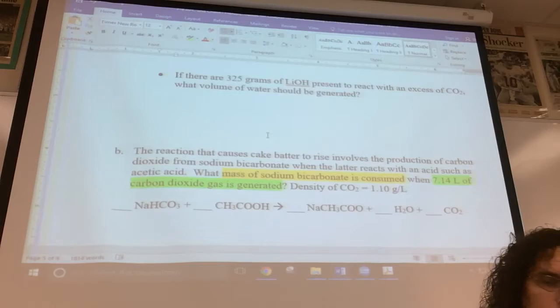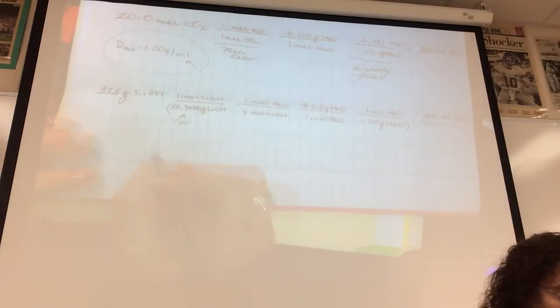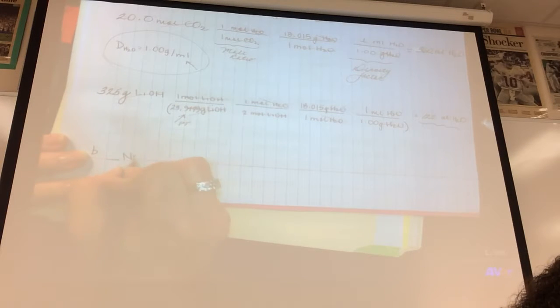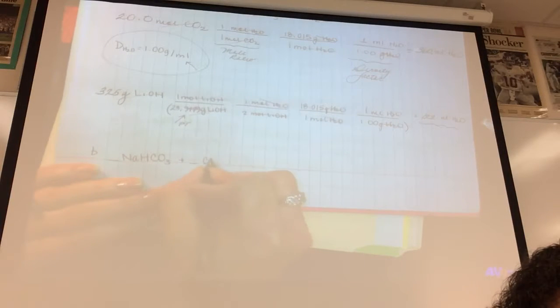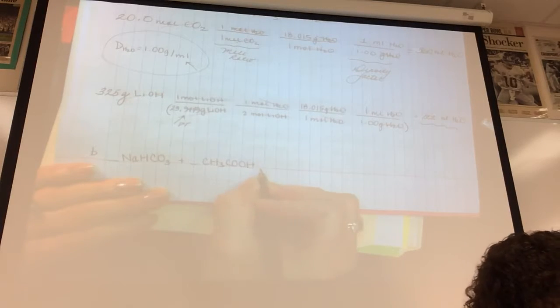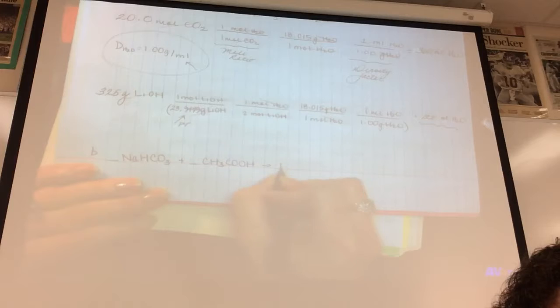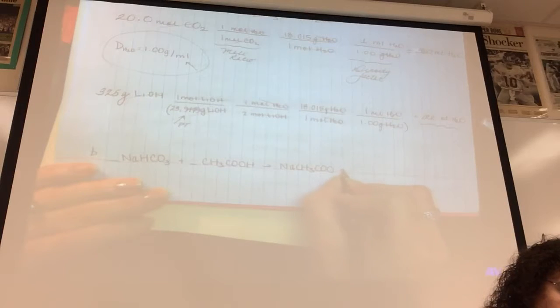In regard to this equation, we've got sodium bicarbonate found in baking soda and acetic acid. There's acetic acid in vinegar. You're going to generate sodium acetate, a salt, water, and carbon dioxide.